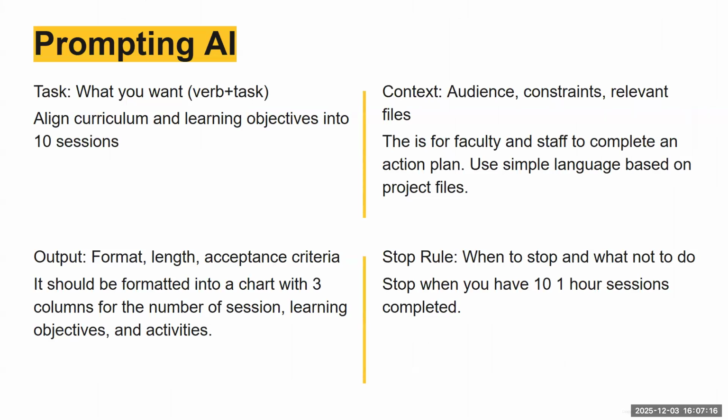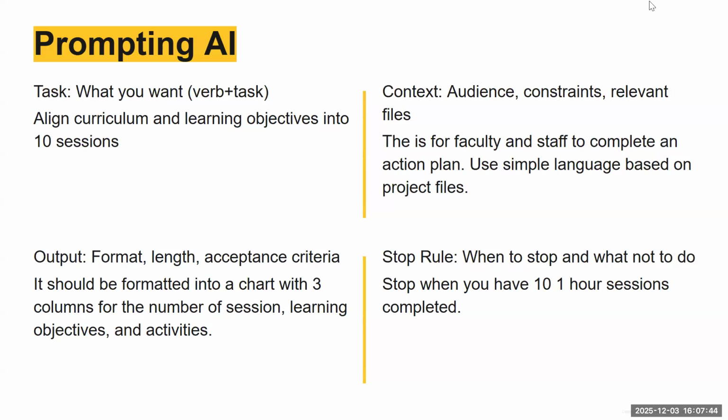And so the task is what you want, and you're looking at the verb and the task. For me, I put align curriculum and learning objectives into 10 sessions. I gave it a verb, which is align, and the task is to create a curriculum and learning objectives into 10 sessions.